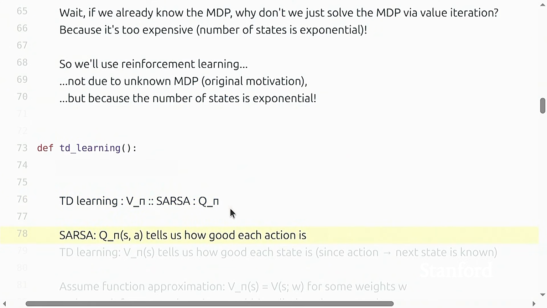In SARSA, Q pi tells you how good each action is from a given state. In TD learning, V pi is going to tell you how good each state is. And since we know the action to next state mapping, that's all we need, because we just need to know how good states are. This simplifies things because we have a function of just the state rather than the state and the action. It's a minor point, but it does make some things easier.